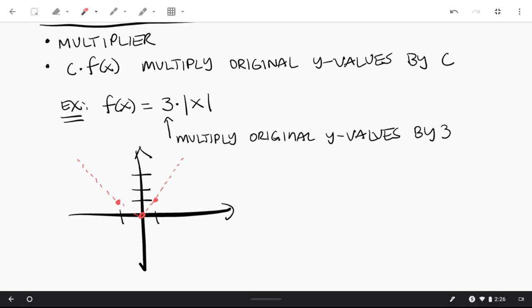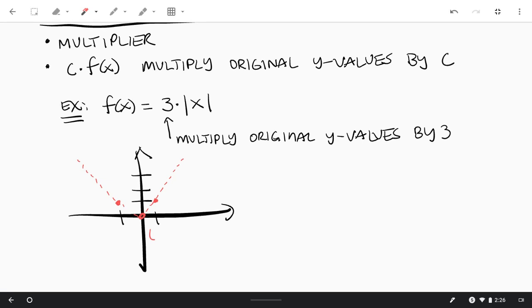So here's my original parent function. Now I need to multiply the original y values by 3. If you can't see what these y values are, write them down here. We have (0, 0) over here, (1, 1) over here, and (-1, 1) over here.